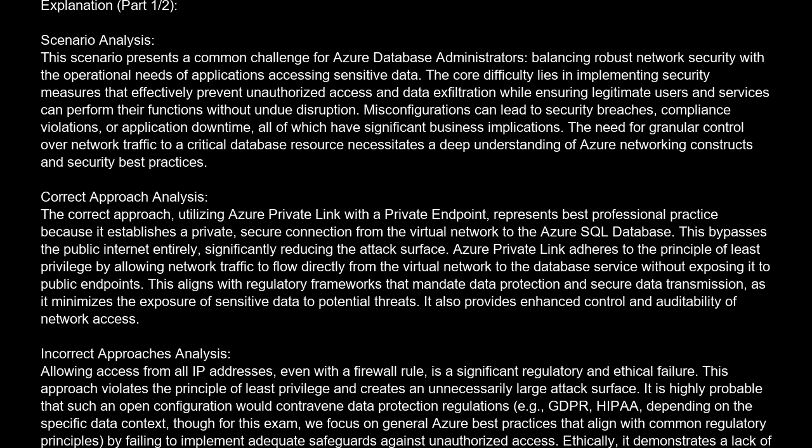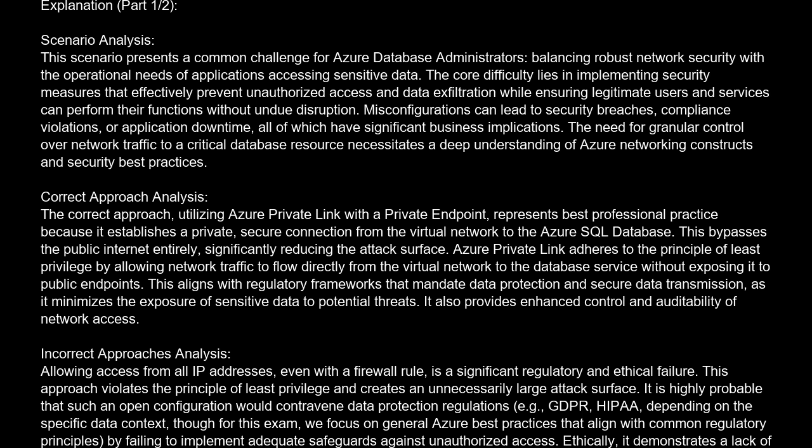Explanation: Scenario analysis. This scenario presents a common challenge for Azure database administrators, balancing robust network security with the operational needs of applications accessing sensitive data. The core difficulty lies in implementing security measures that effectively prevent unauthorized access and data exfiltration, while ensuring legitimate users and services can perform their functions without undue disruption.